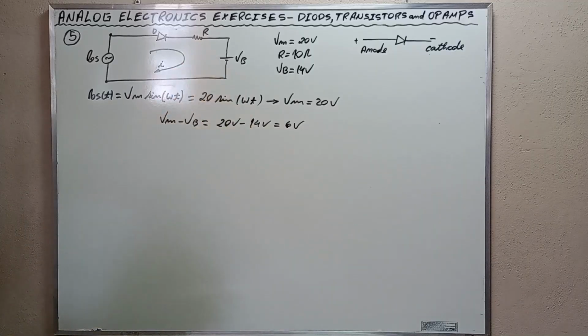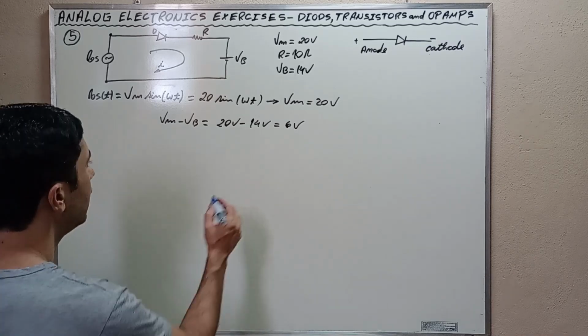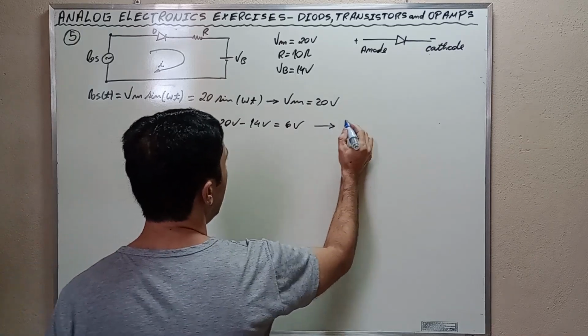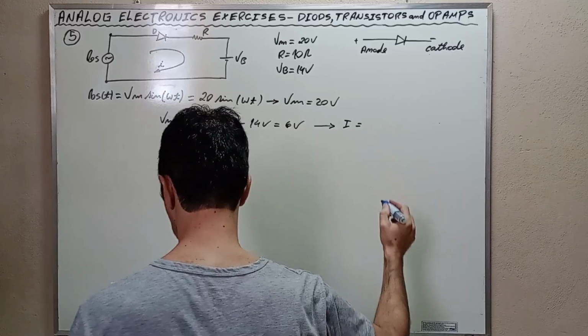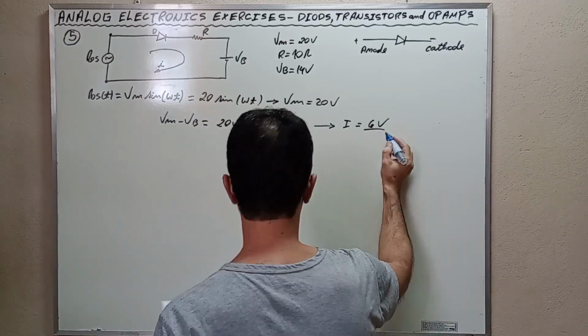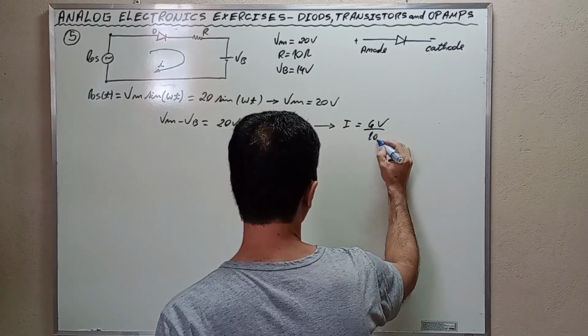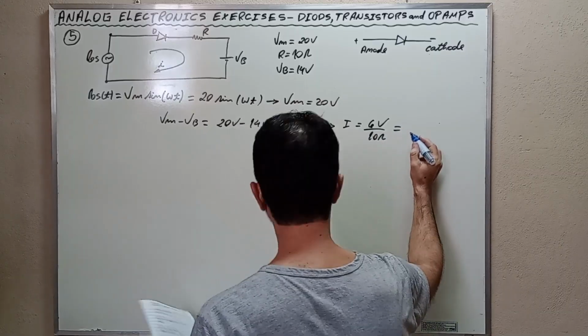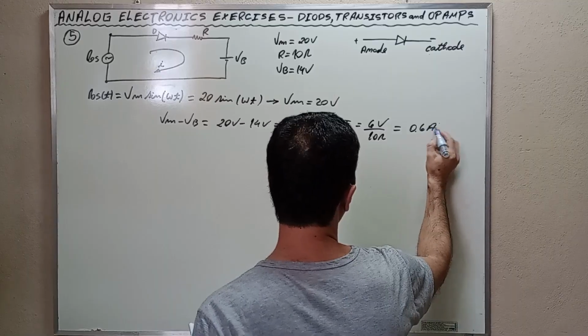Okay, my friends, thus the peak value of the current is, that's what the exercise asks us in letter A, find the peak value of the current. Okay, the peak value of the current is I equal to 6 volts divided by 10 ohms, and this is equal to 0.6 amps.